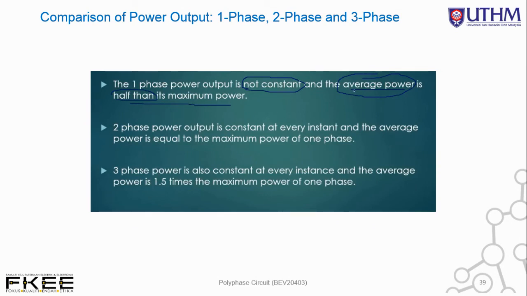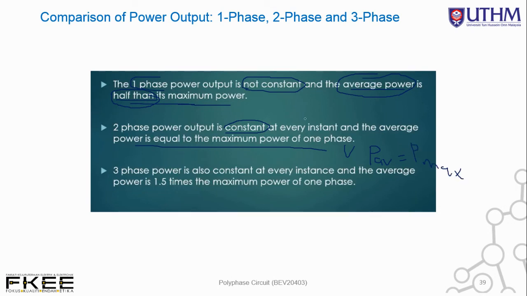So it only gives half of its maximum power, meaning much loss in this particular single-phase system. So what about the two-phase power output? Yes, it is constant at every instant, and the average power is equal to the maximum power of the output. So we have the average over here, which is actually equal to the P max of the system.